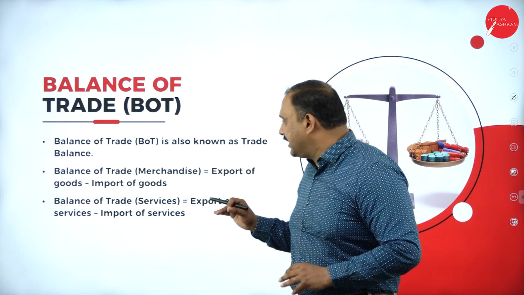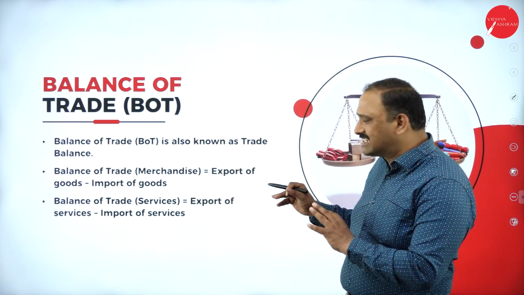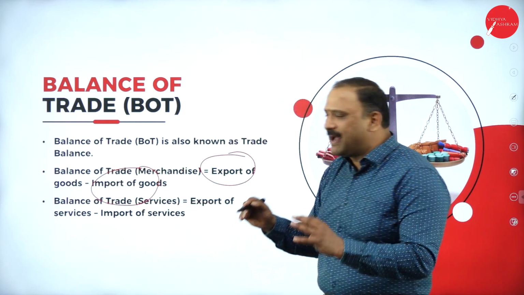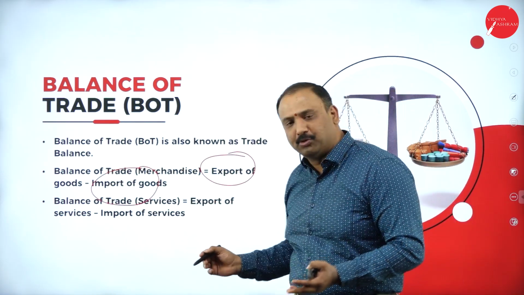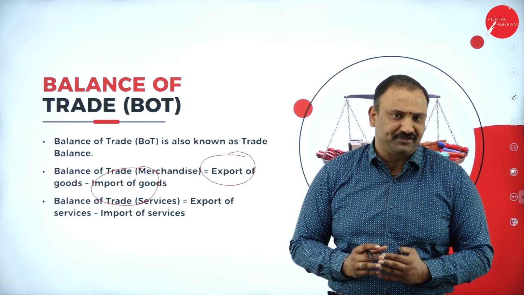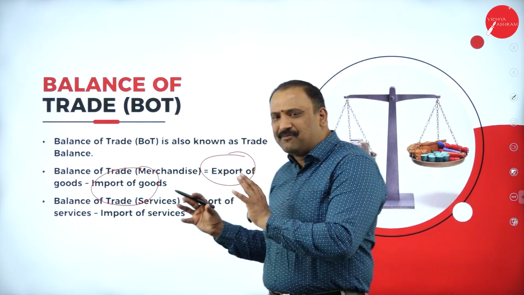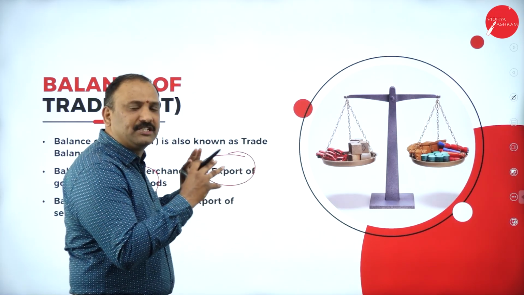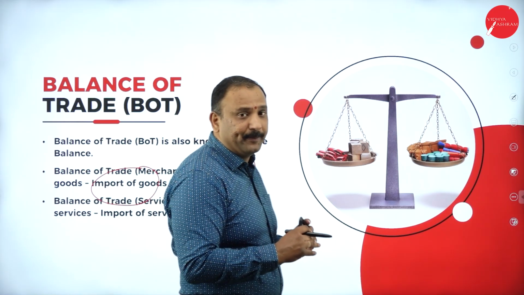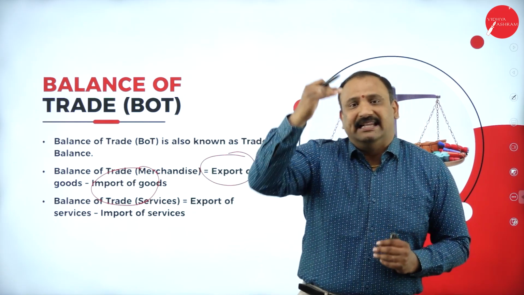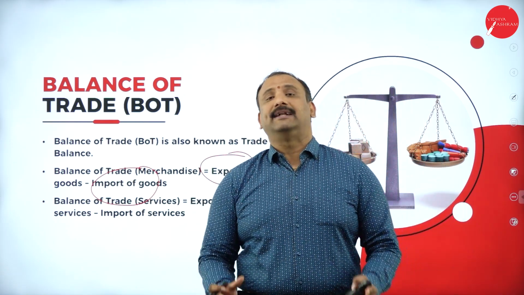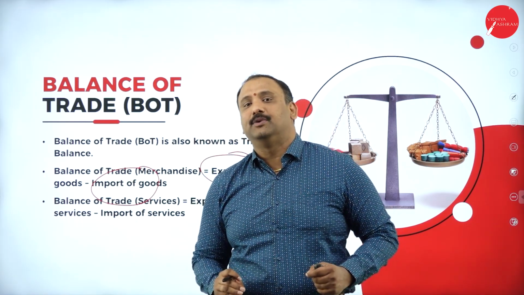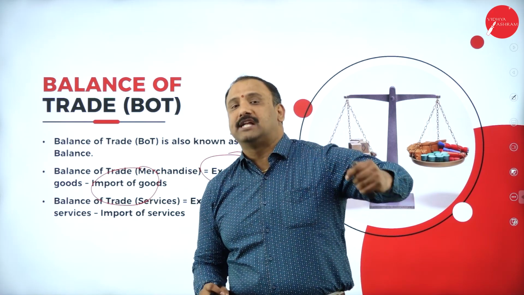Now, the balance of trade, we all know that the balance of trade is calculated as export of goods minus import of goods, and balance of trade in services comes with export of services minus import of services. So we all know that somewhere this balance of trade is a very, very important concept that we are trying to focus upon. The more you export and the less you import, automatically the balance of trade starts going up altogether, which means to say that your value starts going up.